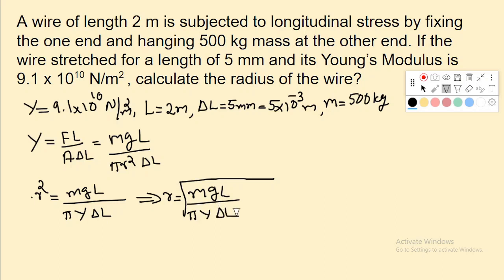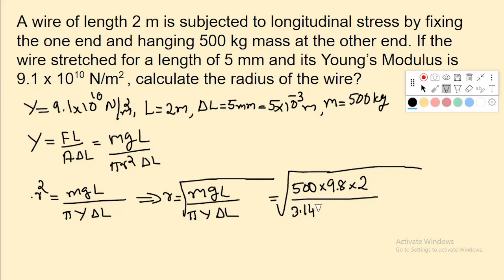So let us substitute all these values and complete the calculation. So let us write m is equal to 500, g is equal to 9.8, L is equal to 2 meter, all divided by pi, which has the value 3.14, Y that is equal to 9.1 into 10 raised to 10, delta L is equal to 5 into 10 raised to negative 3.